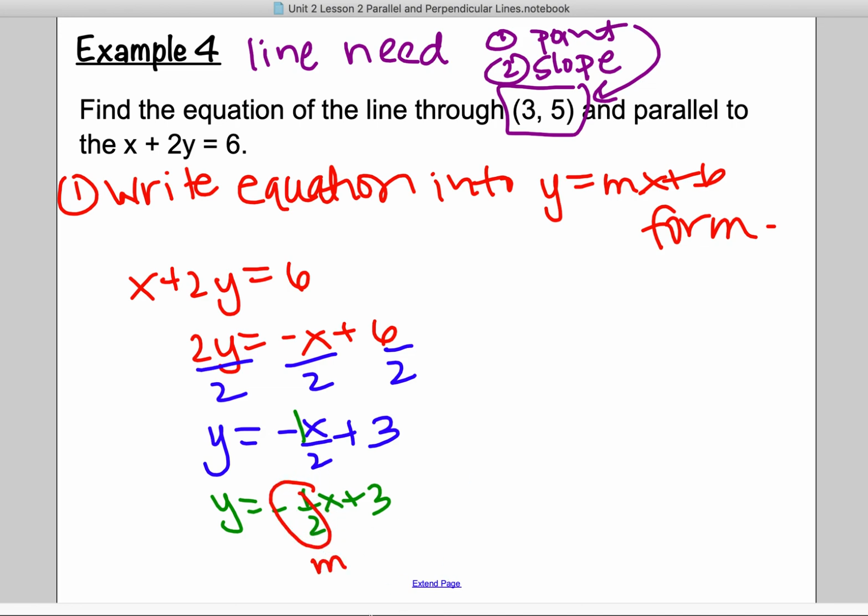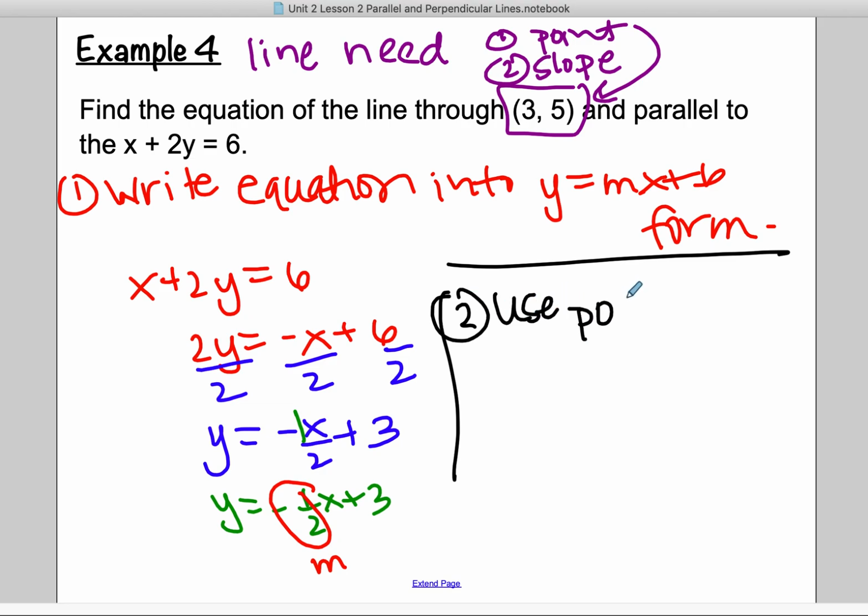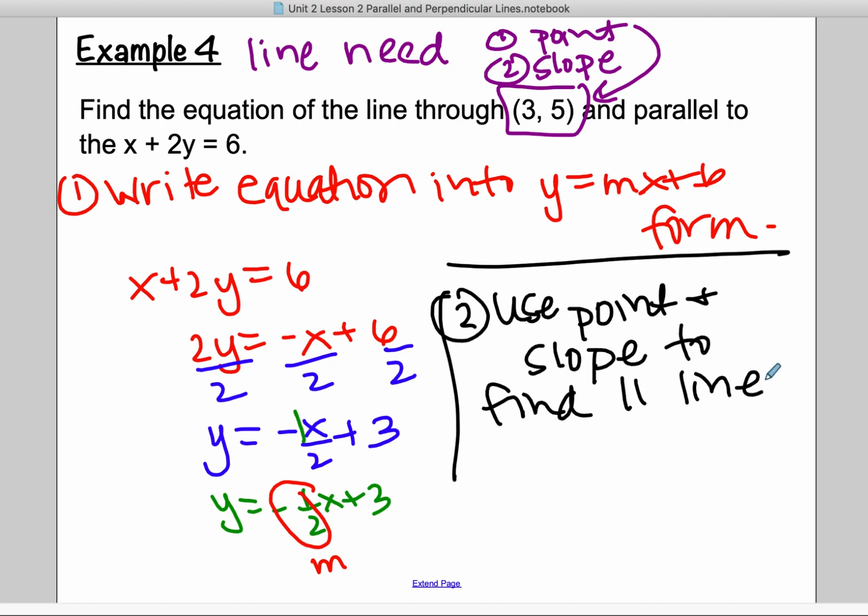Okay. Then step 2, or our last step, is to use the given point and slope to find the parallel line. And we all know parallel lines have the same slope, so I'm going to use the same slope.